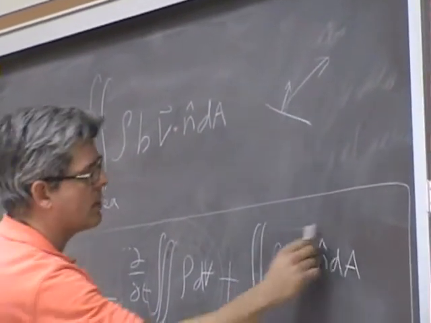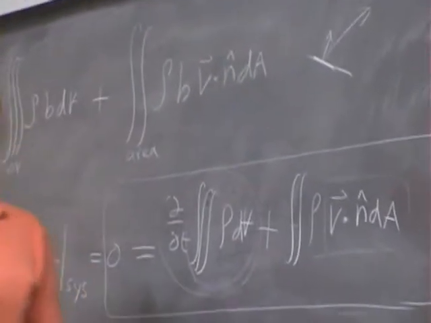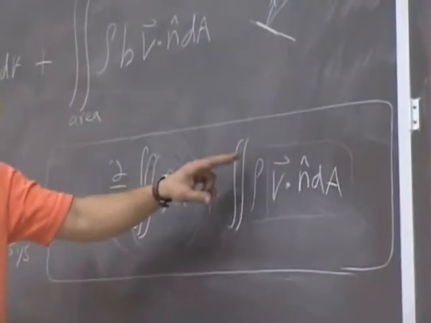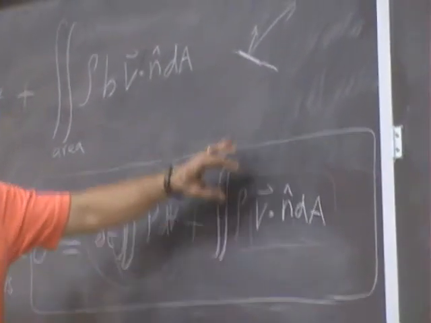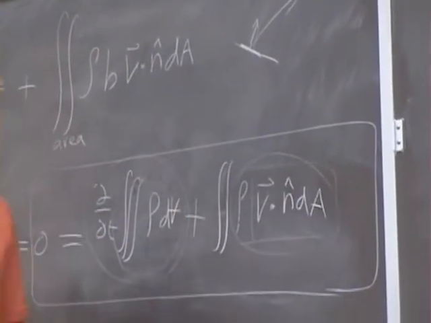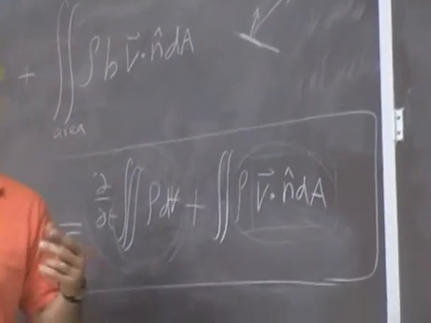So this represents, for a differential element of the surface, the volumetric flow rate. If we multiply by the density, we get mass per unit volume times volume per unit time, so this is the mass per unit time in that differential element. And then we integrate that over the entire surface of the control volume.